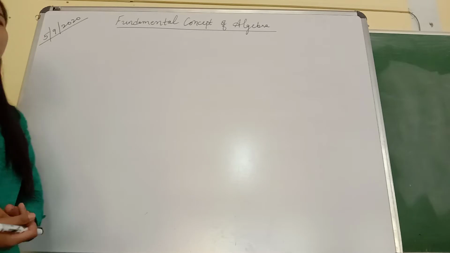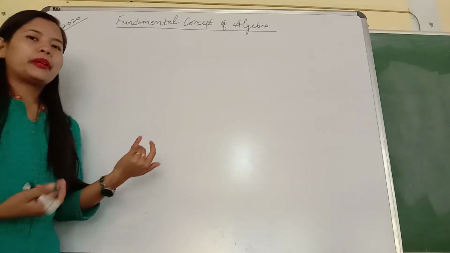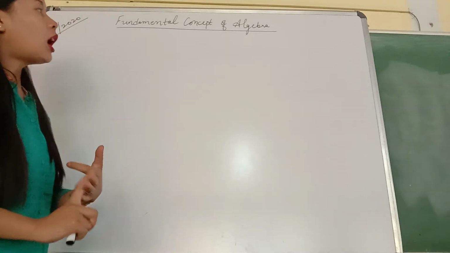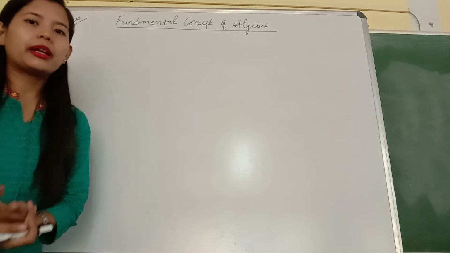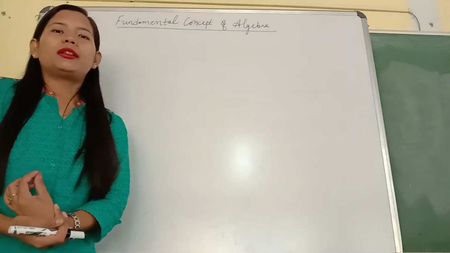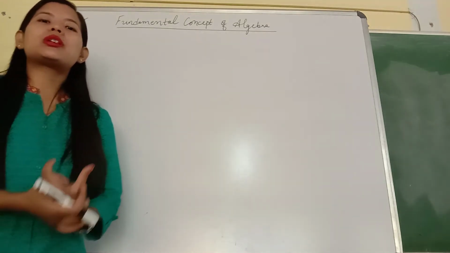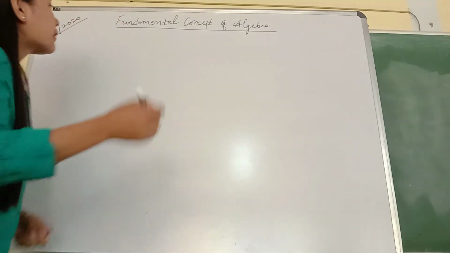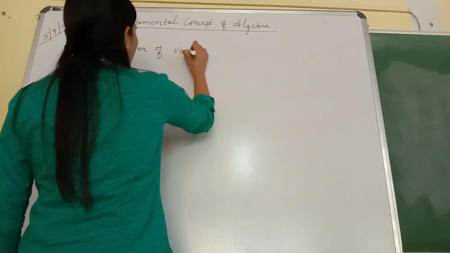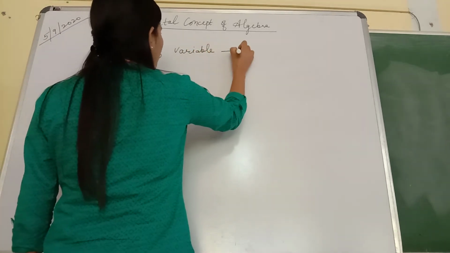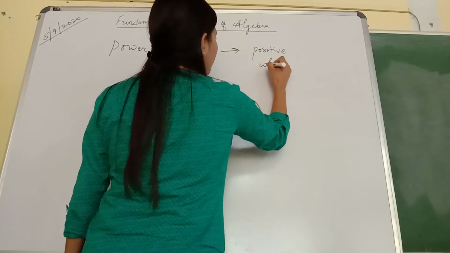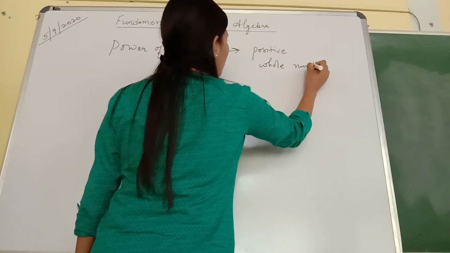We already know what an algebraic expression is. It is a combination of variable, number and a basic operation. A polynomial is an algebraic expression, but in a polynomial the power of a variable should always be a positive whole number.